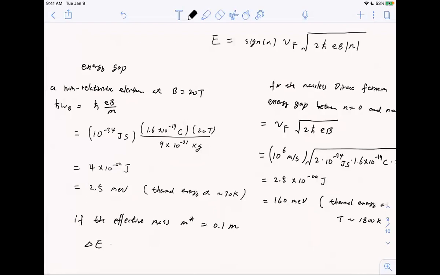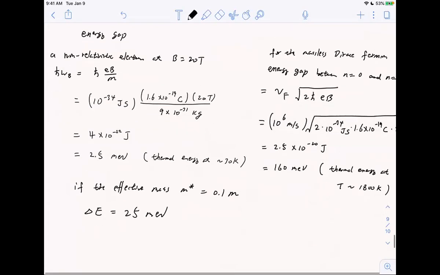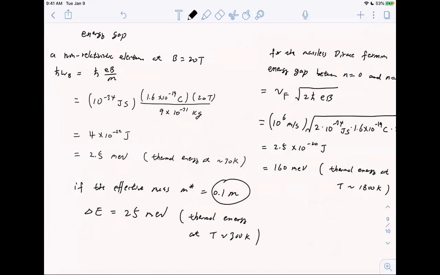Then the energy gap will become 25 milli eV. Then it will be thermal energy at T about room temperature. Okay. So this is a relatively small effective mass. But even with that, you only get about 25 milli eV.